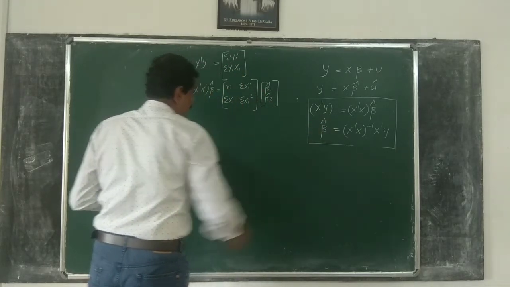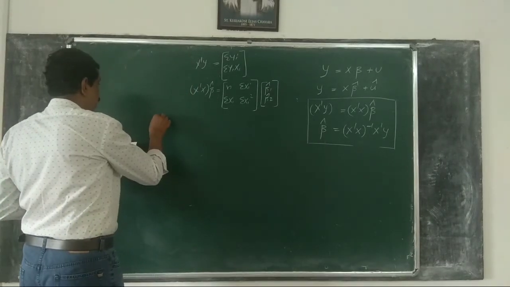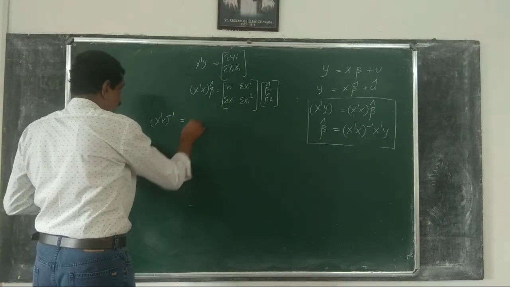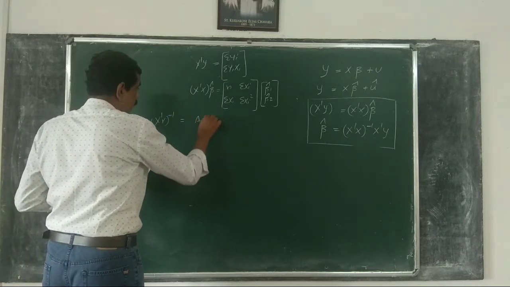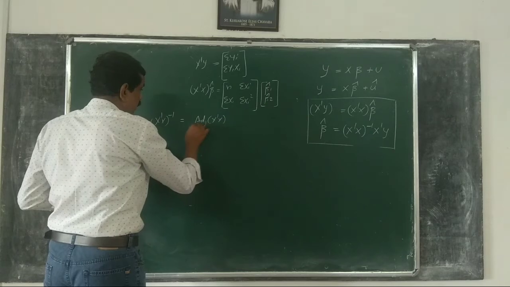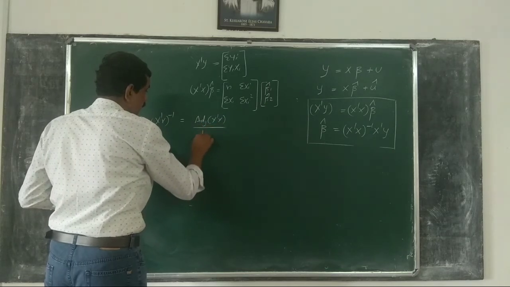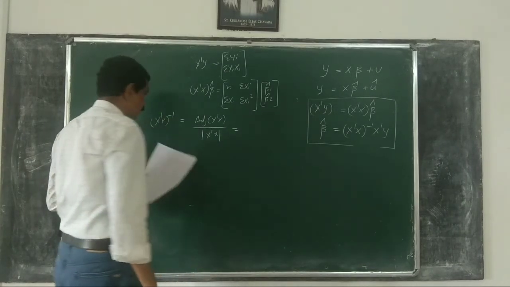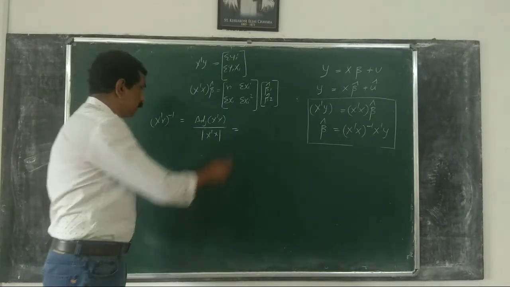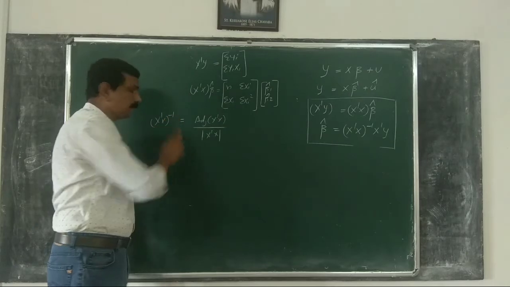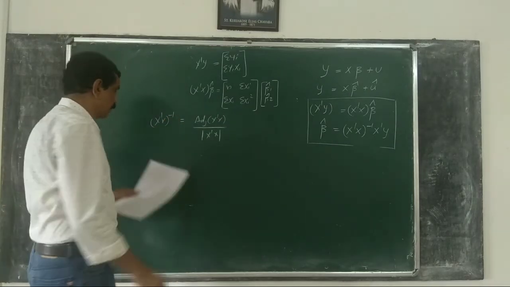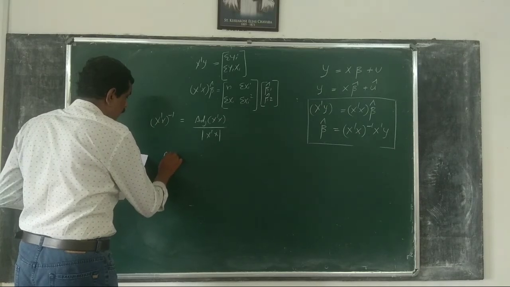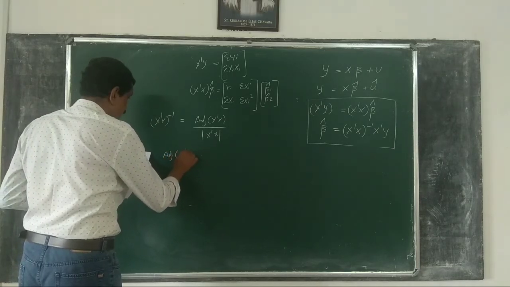Now, what is x transpose x inverse? X transpose x inverse is equal to the adjoint of x transpose x divided by the determinant of x transpose x, as we have derived earlier. This is the equation for the inverse. Now let us see what the adjoint of x transpose x is.